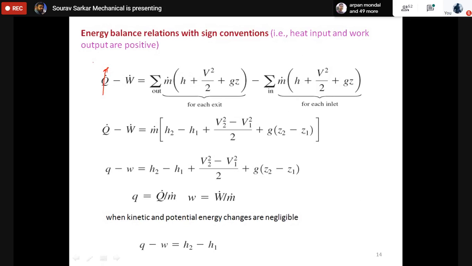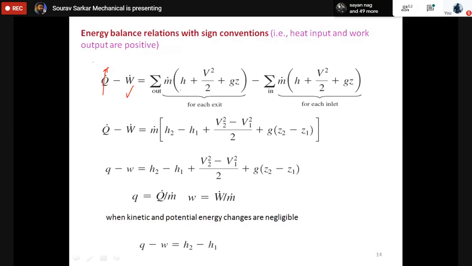But in real configuration, the turbine will lose some amount of heat to the environment due to heat leakage or conduction. So this value may be negative in real cases, but very small because I am not supplying heat. Now this W will become positive because it is a work output.